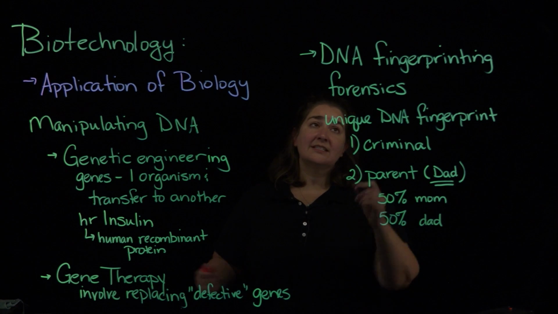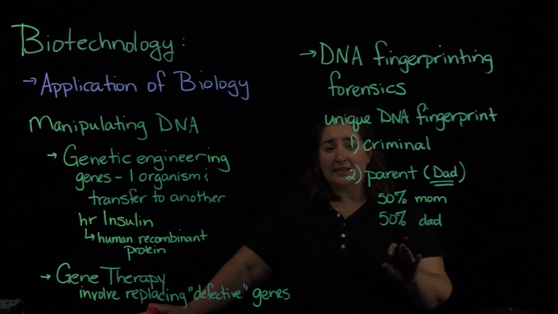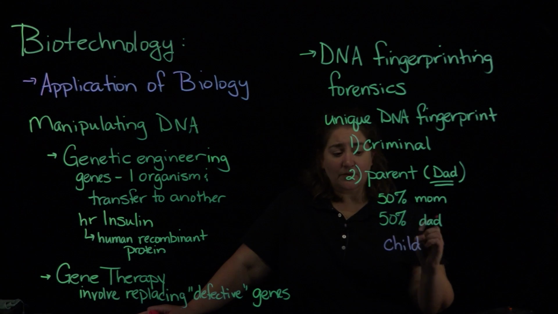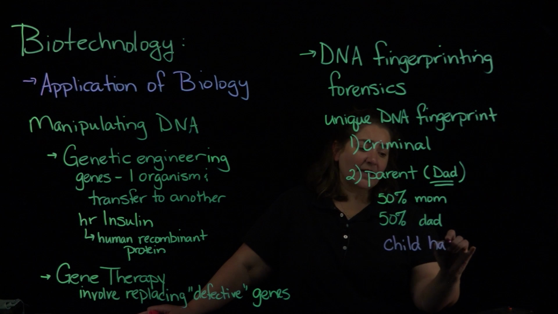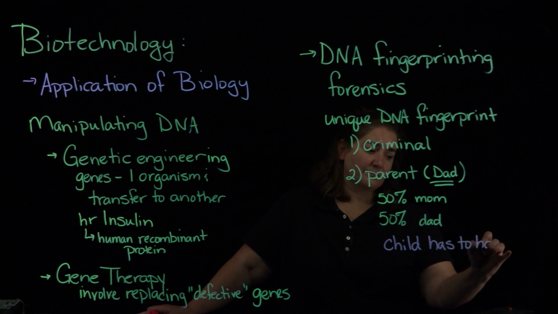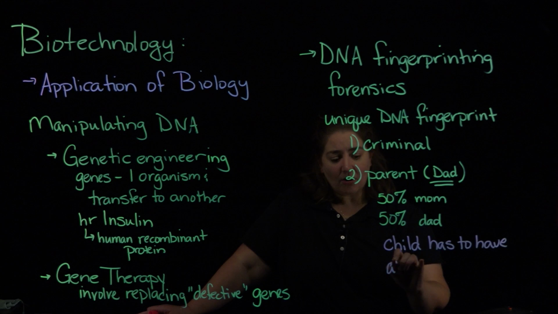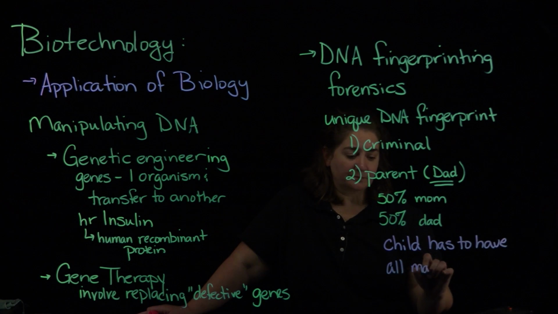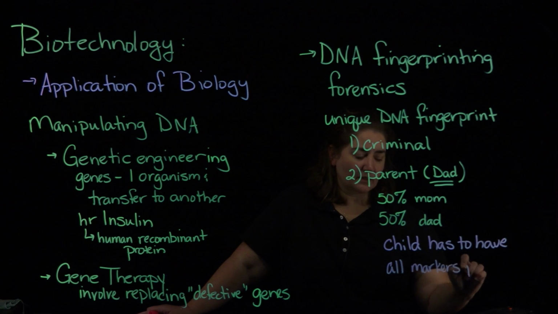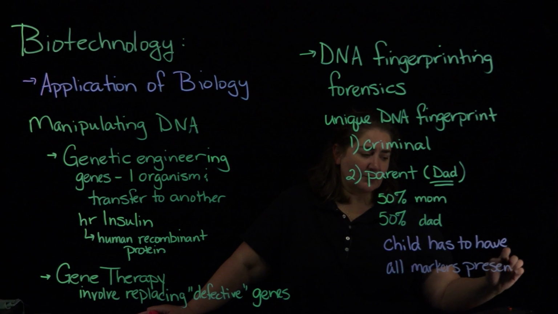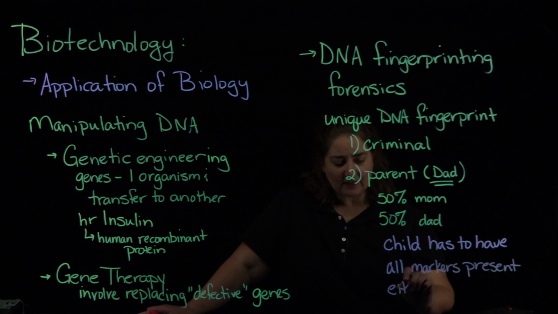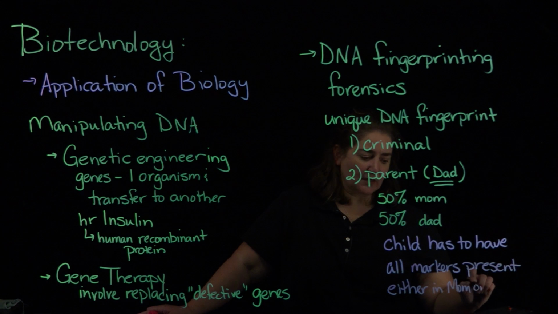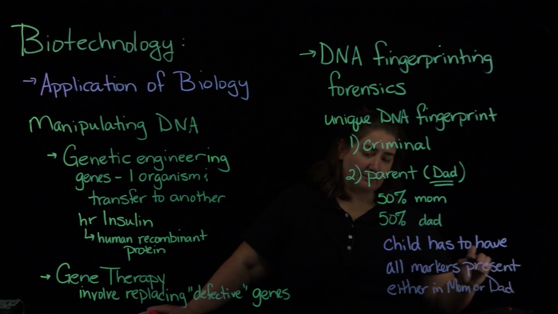So in terms of using DNA fingerprinting to identify the child and who the child's father is, the child has to have all of the genetic markers that are used, they have to be present either in mom's sample or in dad's sample, okay?